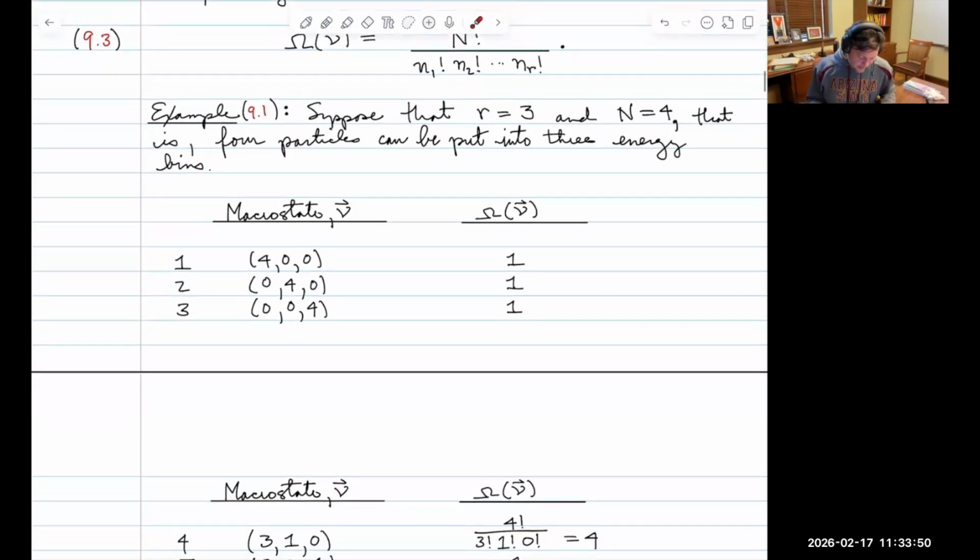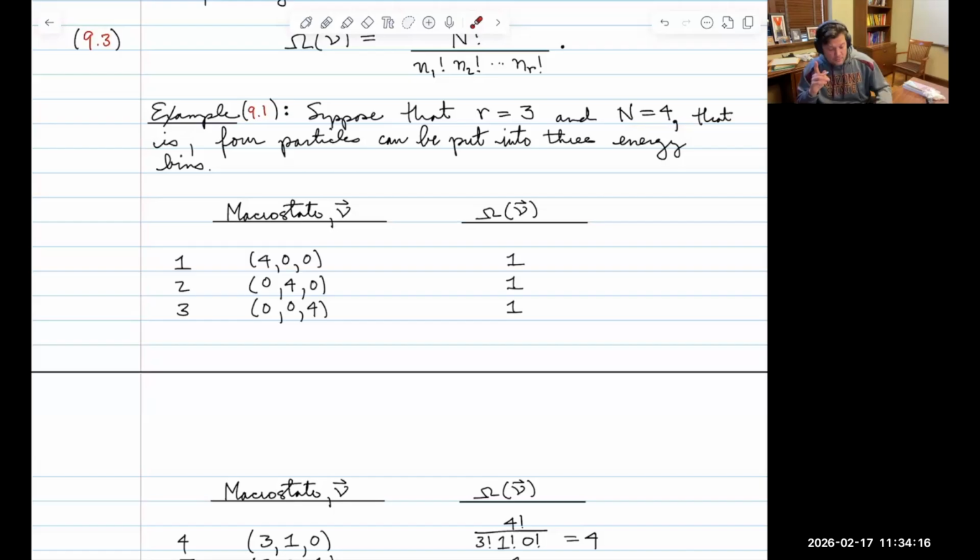The lowest energy state, and then two energy states above that. So just three energy states and four particles. So how many ways can these four distinguishable particles be put into various macro states? Well, first you have to tell me the macro states you're looking for, and then I can tell you how many ways this can be done.